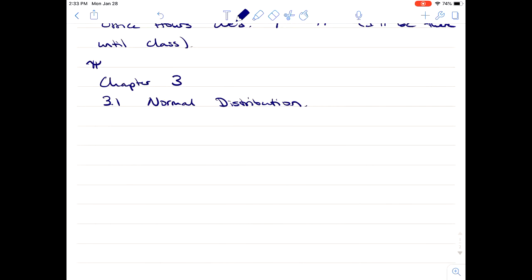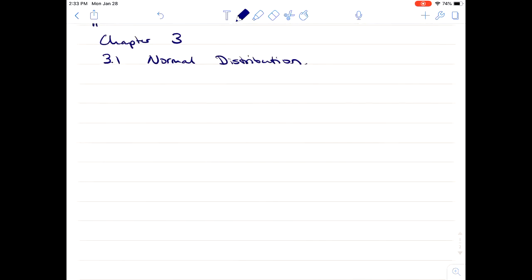Let's do some recalls. If we have a normal distribution, we've already established that we should be using the mean and the standard deviation as our measures of center and spread. So we've got that under control, so we can write that down.